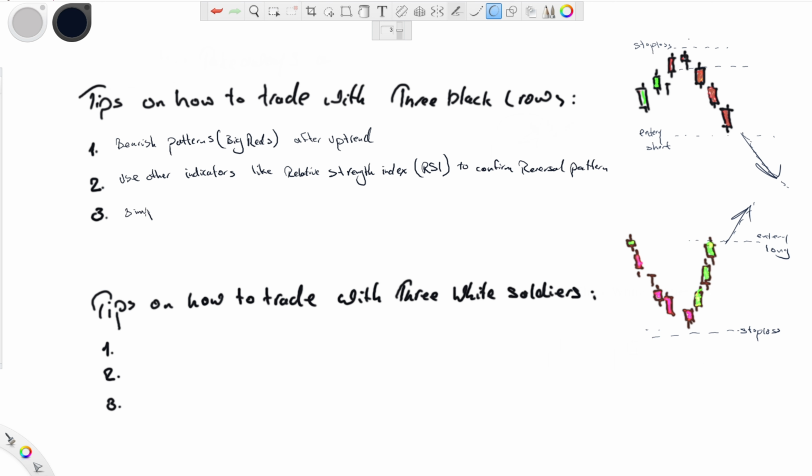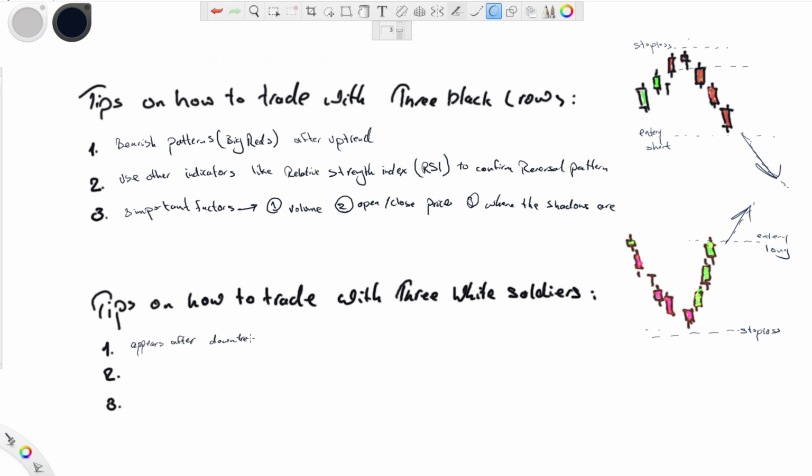We have three important factors on this pattern. The first one is the volume, the second one is the close and open price of these three candles, and the third one is where the shadows are going. So be sure to not confuse it with a fake break.